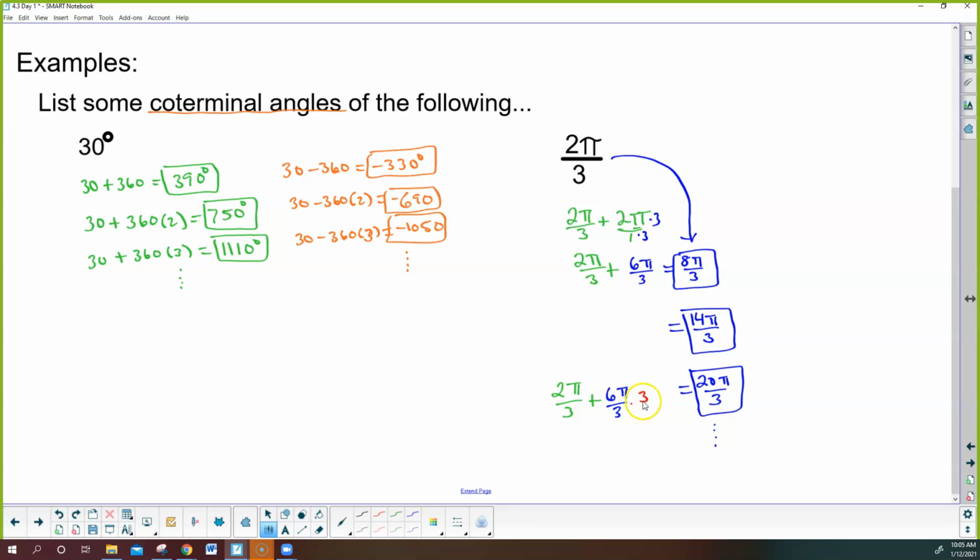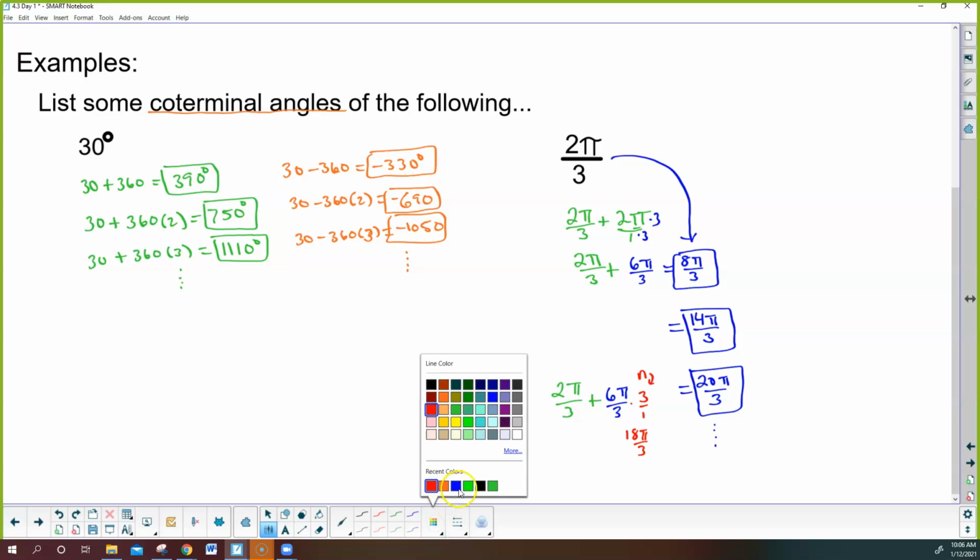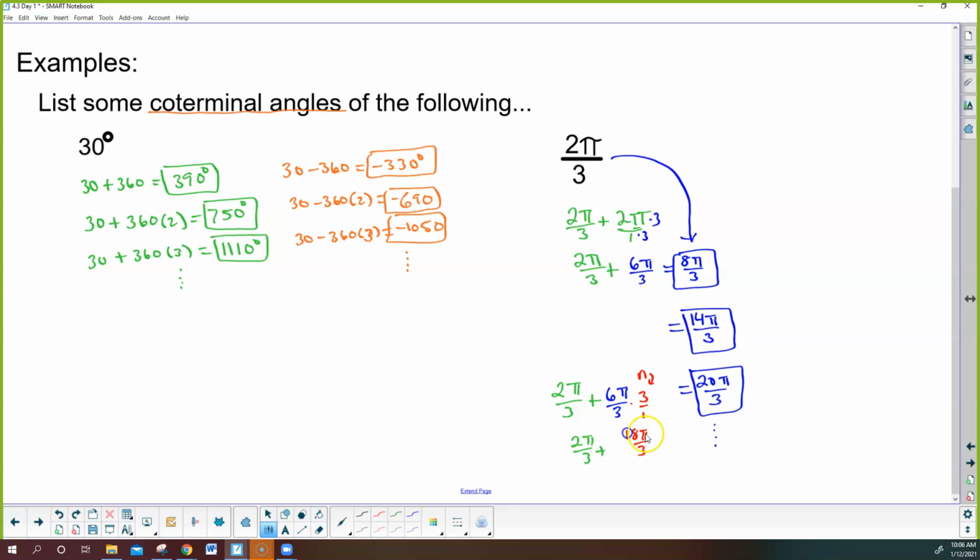So this would be like the n value that we were talking about up above. And hopefully you can see 6 times 3 would be 18 pi over 3. And then 2 pi plus 18 pi, that's where the 20 pi over 3 came from. So there's easier ways to do this, and there's more challenging ways depending on how much work you need to show.